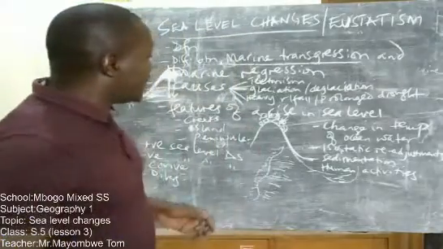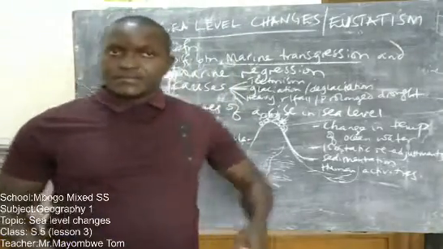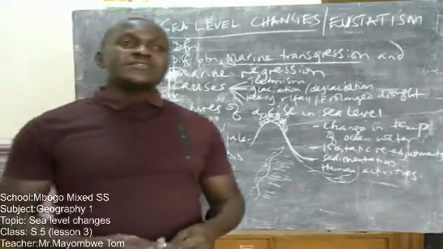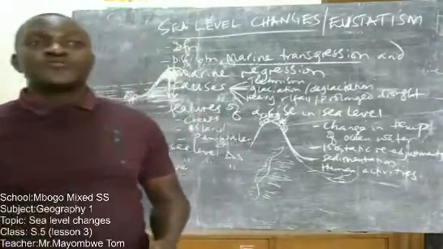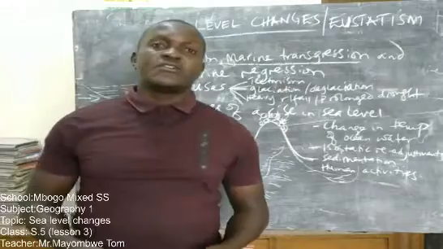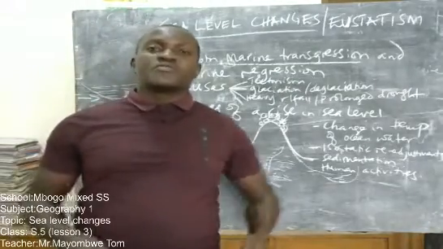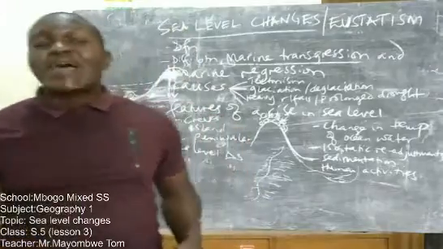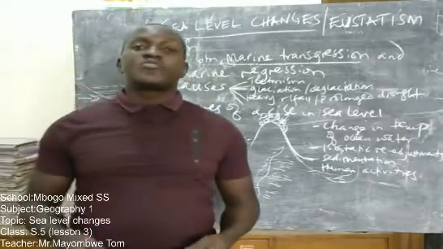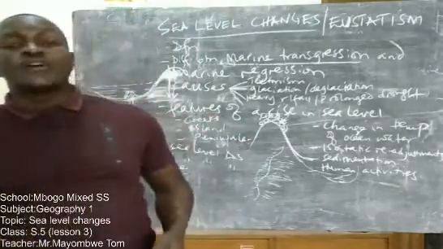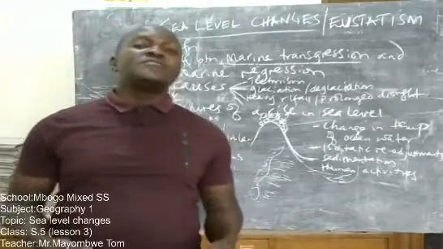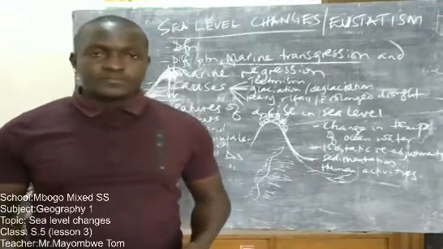Then we have human activities. Human activities like dumping of sewage, garbage, construction of artificial piers, and construction of hotels near water. All these lead to a rise in the sea level.